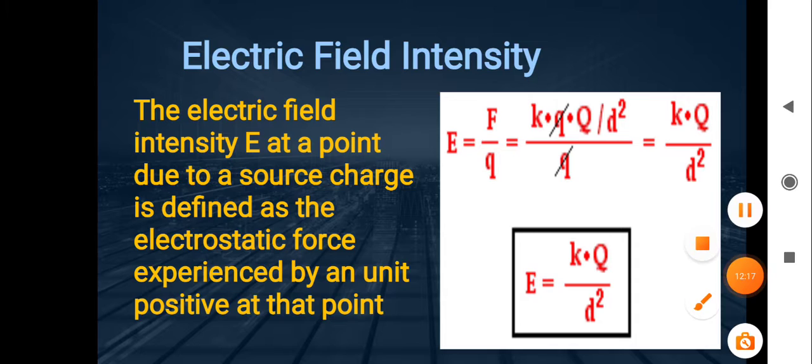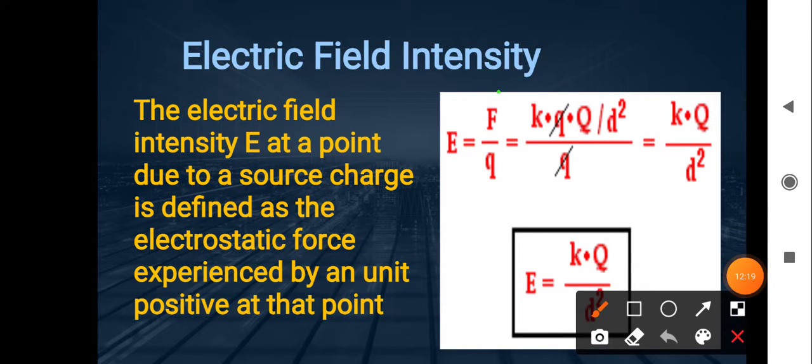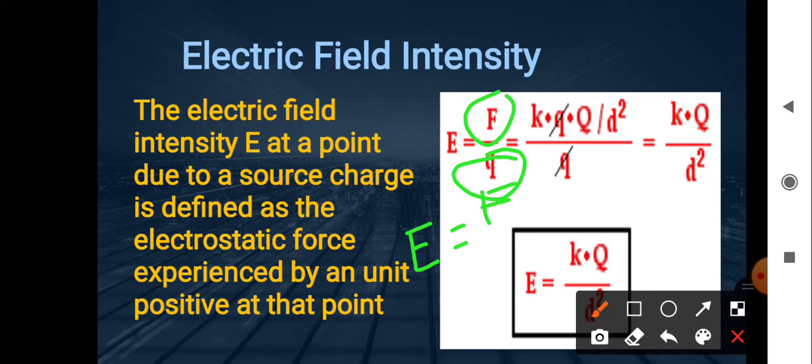So now if F is the electrostatic force and Q is the point charge, according to the definition electric field intensity is nothing but the force per unit charge. Force is equal to K Q by d square.